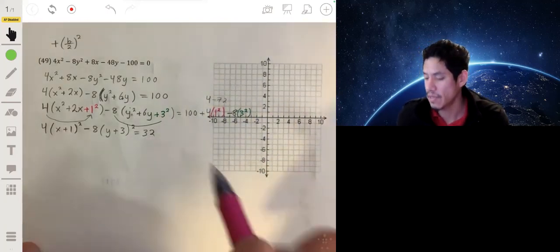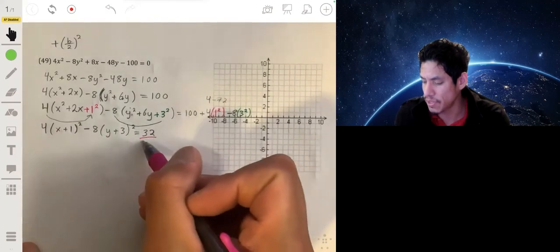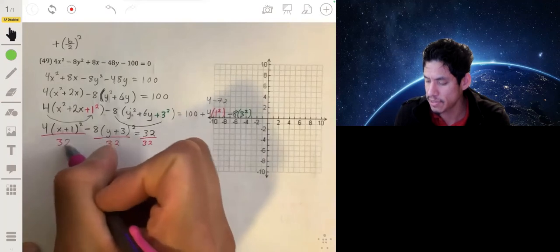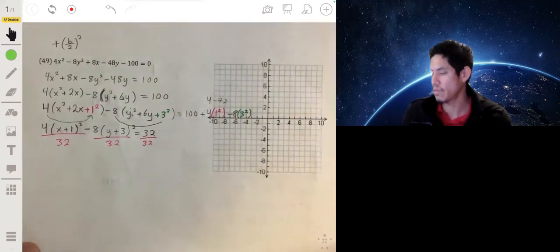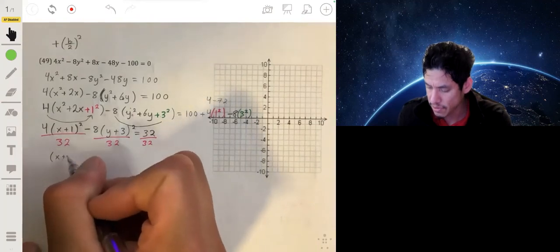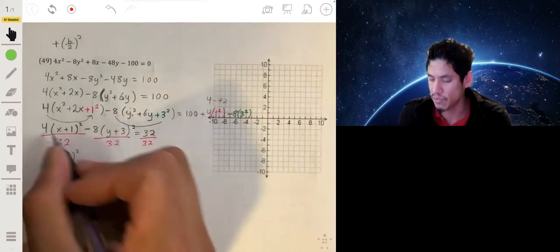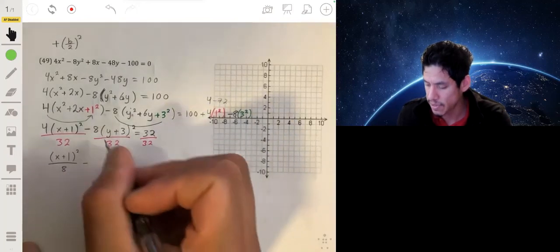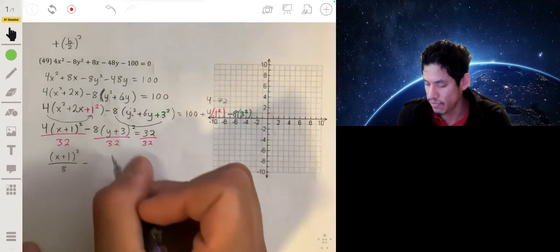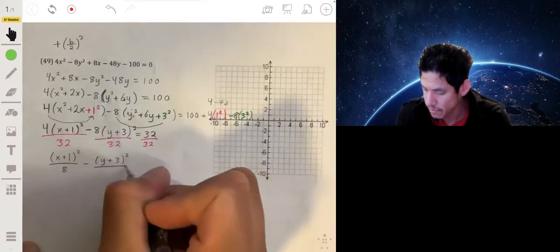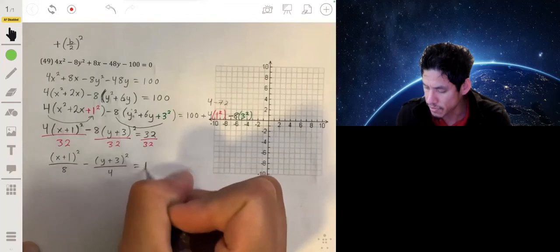And then we're going to divide by 32 because we want to make this equation equal to 1. So we're going to divide each group by 32. So we'll have 4 over 32, that becomes just 1 over 8. 8 over 32 is just 1/4. Is equal to 1.